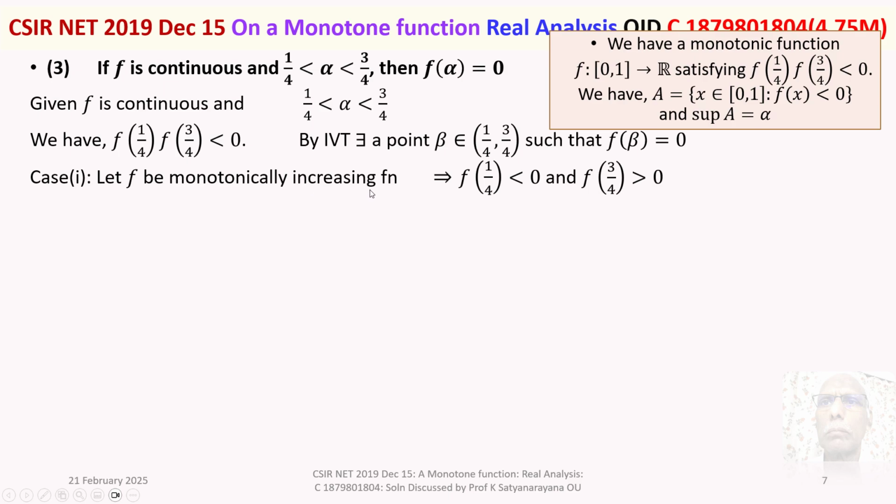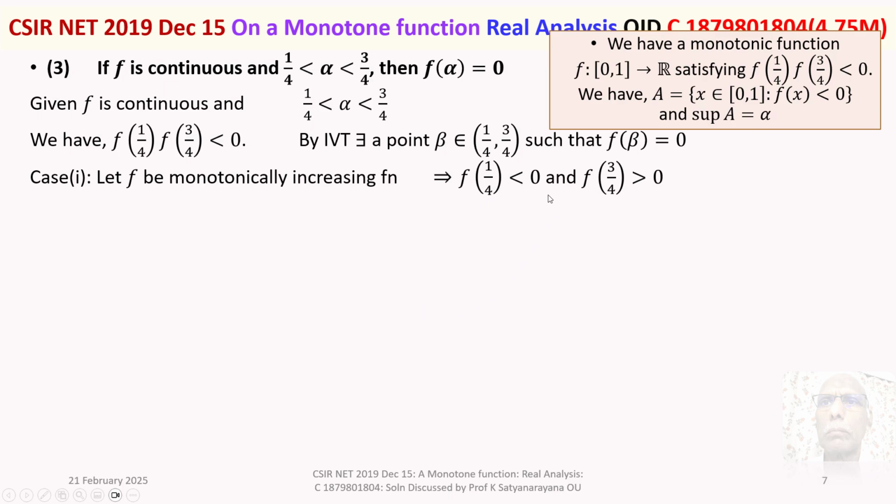When it is a monotonically increasing function, f(1/4) multiplied by f(3/4) is negative means f(1/4) is negative and f(3/4) is positive. That means it will increase.